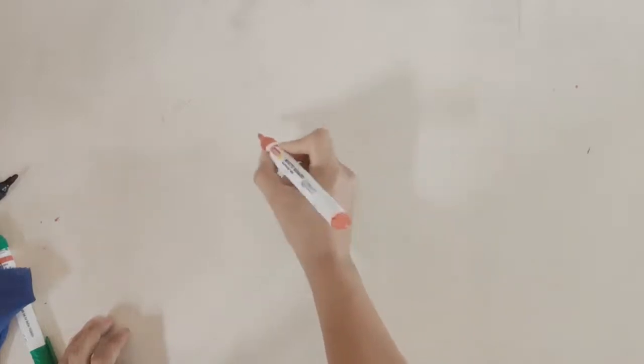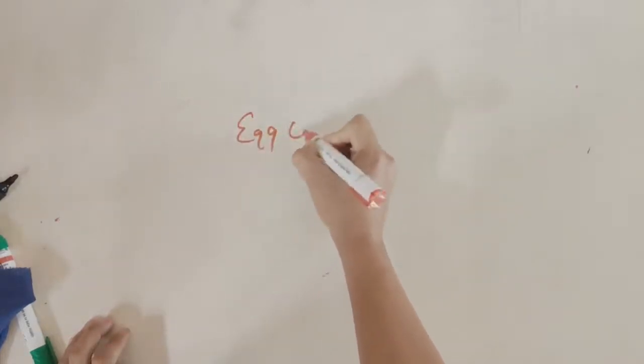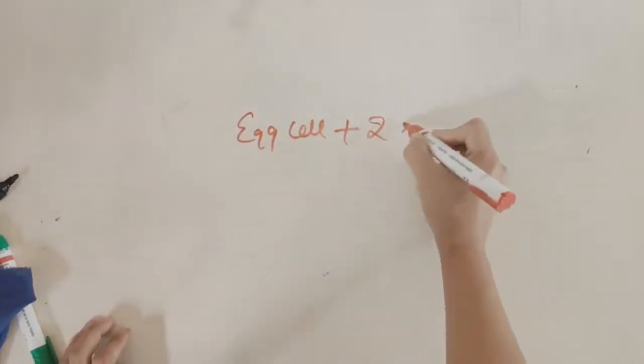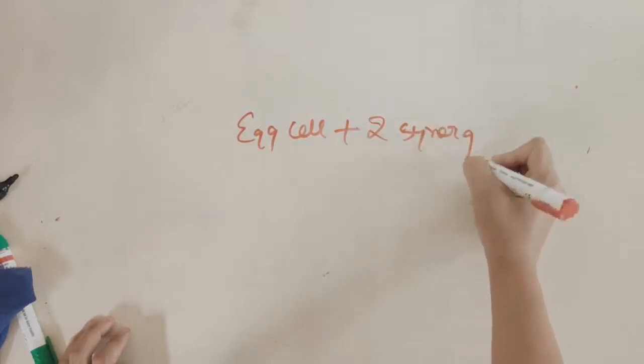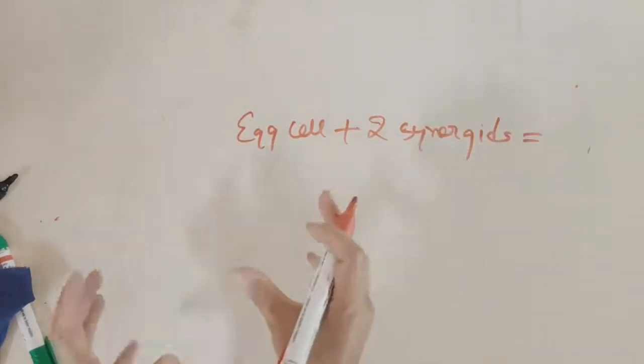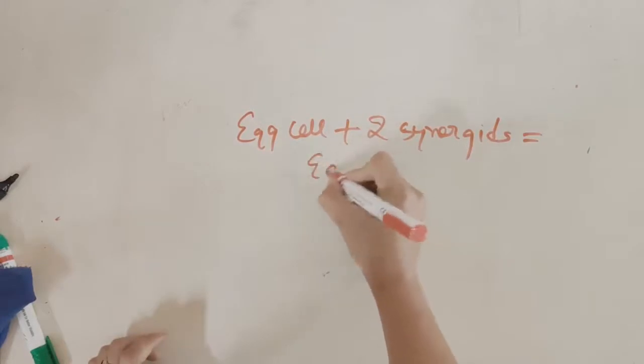Like her, female gametophyte. The egg with the two synergids, the egg's bodyguards, we call it egg apparatus.